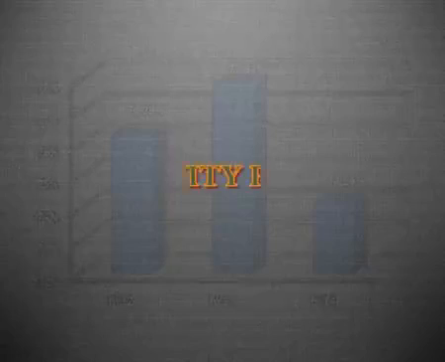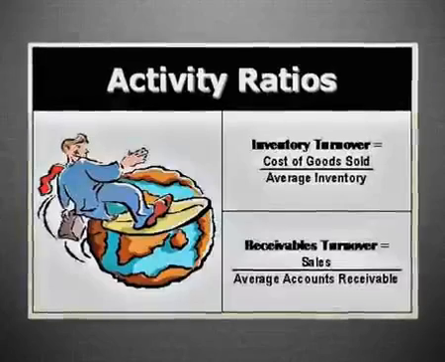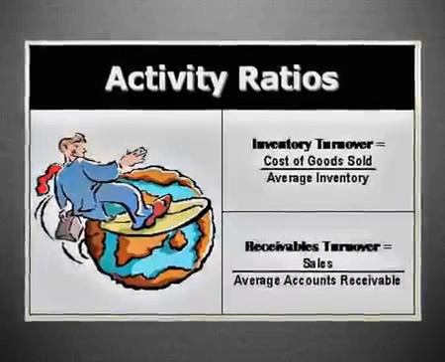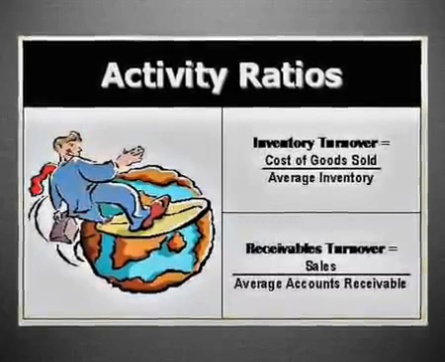We will start with the activity ratios. Activity ratios are used to measure the effectiveness with which a concern uses its resources. It is also known as turnover ratios, as it reflects the extent with which the assets are converted into sales. The business would be more profitable if greater turnover is achieved with lesser use of funds.